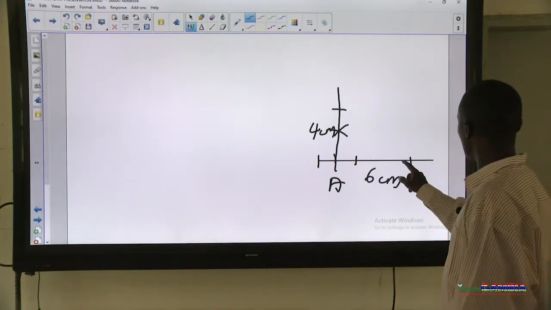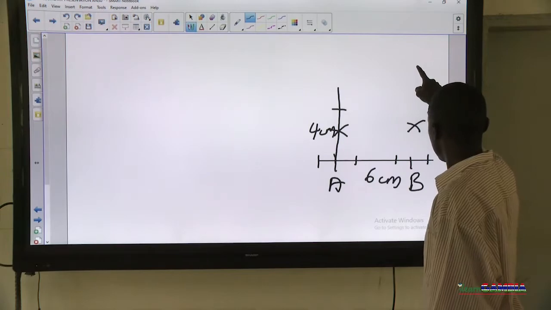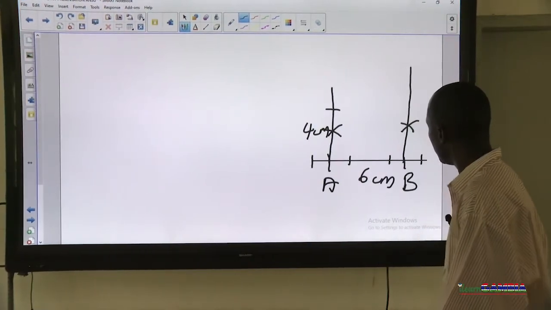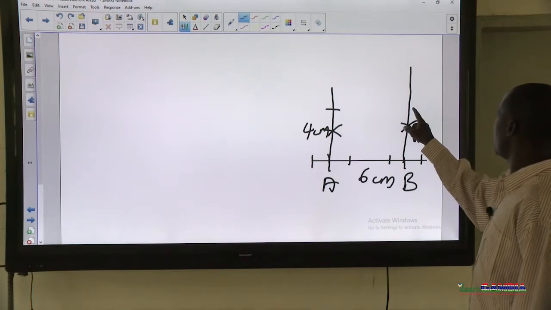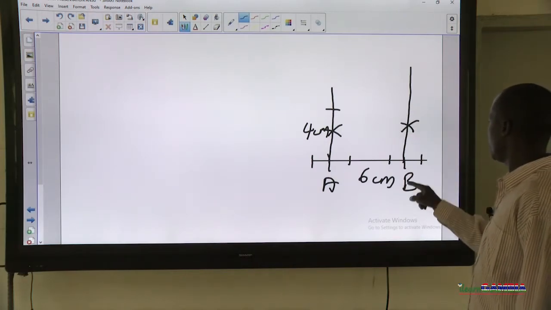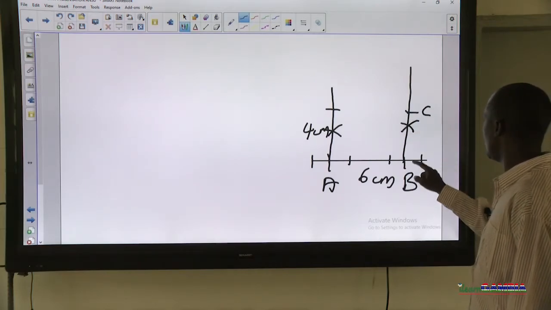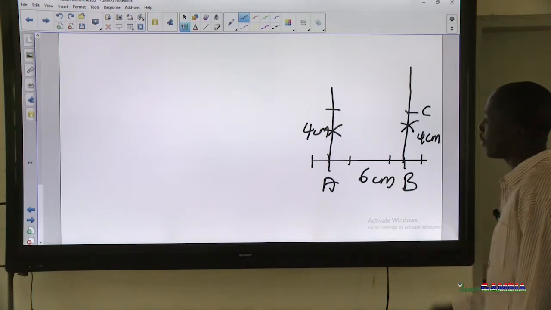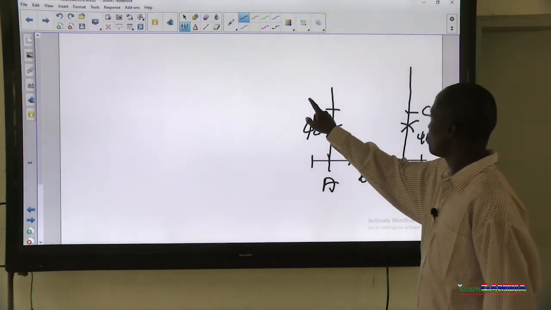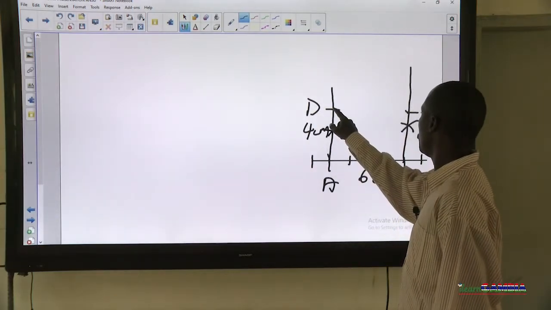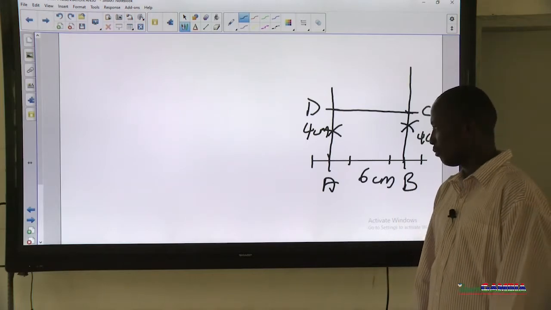At point B also, I will construct 90 degrees. When I construct 90 degrees there, join that point of intersection to B. So this point is also going to be 4 centimeters, B to C. I mark that point and call it C. This is also 4 centimeters. I join BC and then AD. This point is D. Then join these 2 points. That is your required rectangle.